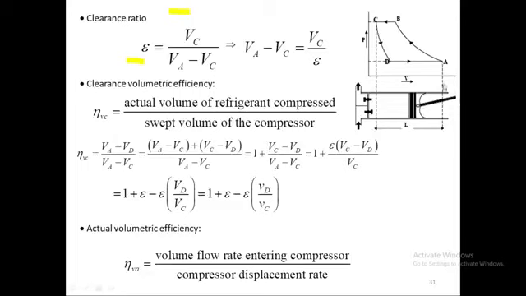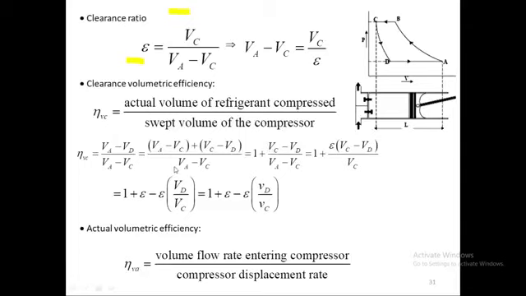The swept volume is the entire volume up to L, and the actual volume of the refrigerant which will be compressed will be less than that, because it will be D to A. So VA minus VD is the actual volume of the refrigerant which will be compressed, not VA minus VC, because up to D it is the previous gas which was trapped and has expanded, so we are not going to consider that. This is divided by VA minus VC, which is the swept volume.